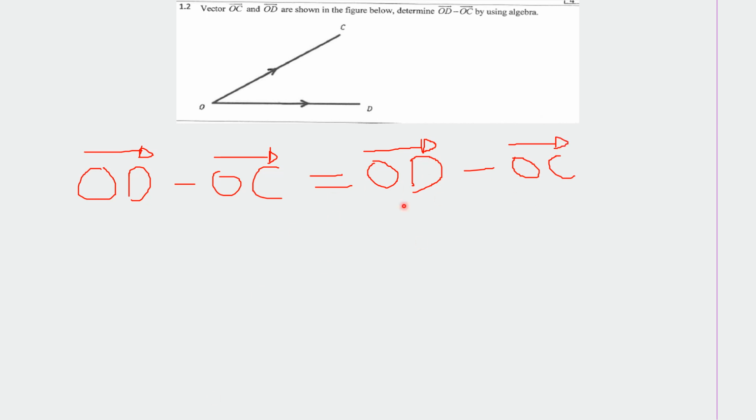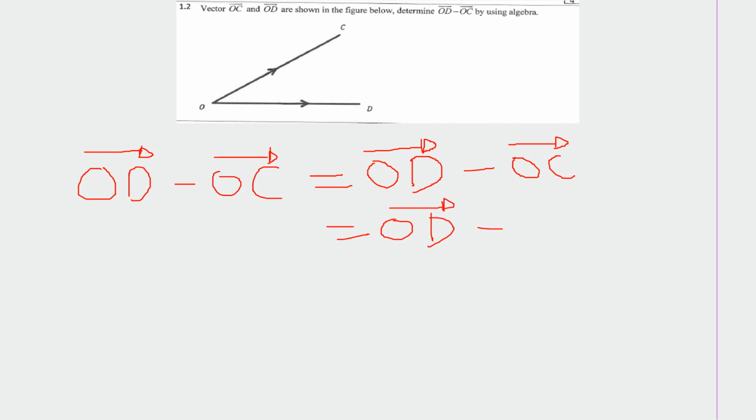So now when we are here, we have to write everything. Let's say, for example, we have to get rid of this negative sign, write it as a positive. So for us to write this negative sign as a positive sign, we need to change the direction of OC. So we're going to drop OD the same way as it is, which is OD.